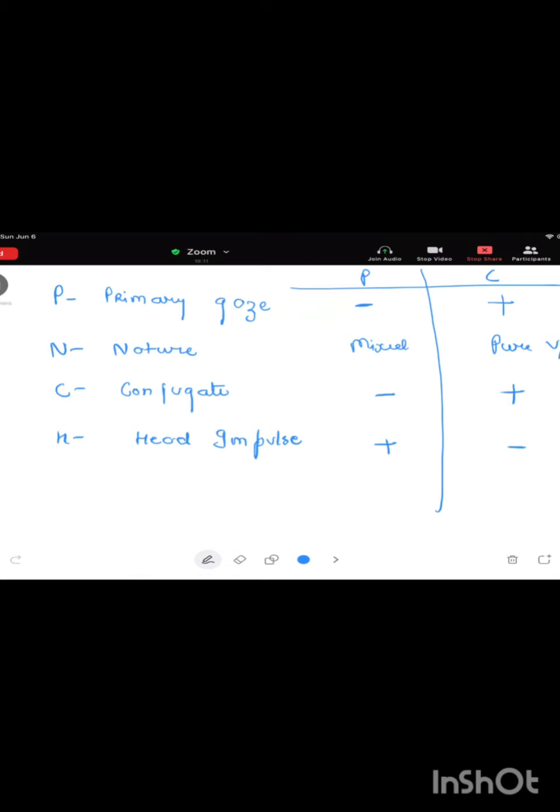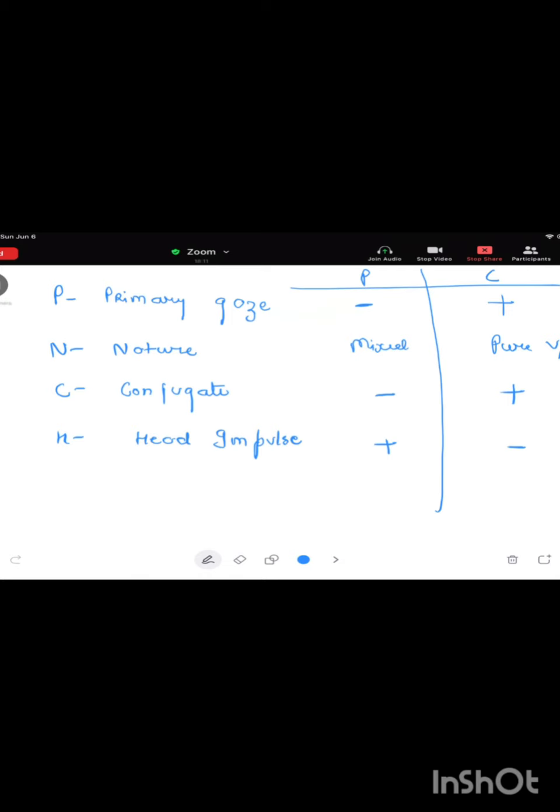So in the central cause, the primary gaze nystagmus will be present. When the HOD is there, everything goes streamlined, it becomes pure. So pure vertical or pure horizontal we will get in central, and mixed we will get in the peripheral cause.